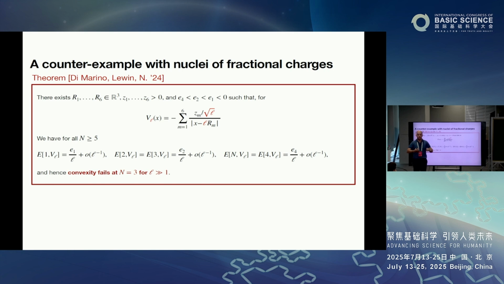And when L is really large, I'm actually taking all the nuclei and sending them far apart from each other. And what happens is that I'm binding 1 electron for each nucleus.